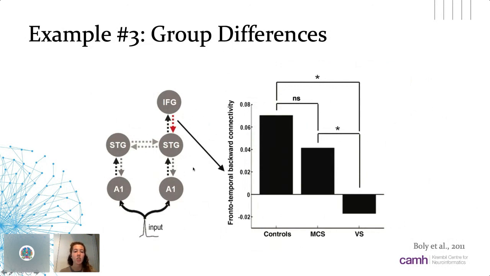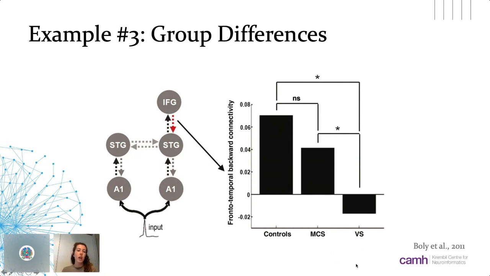So here the backward connection was significantly impaired in vegetative state patients compared with controls. And the minimally conscious patients showed this preserved top-down connectivity compared to vegetative state. It wasn't significantly different from controls, but there was a difference between these two.